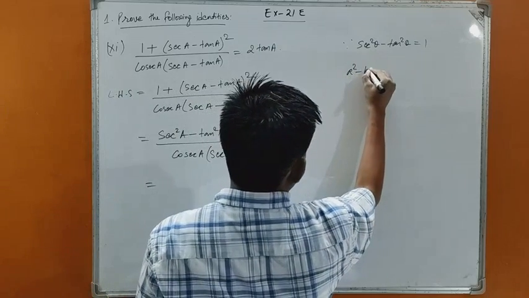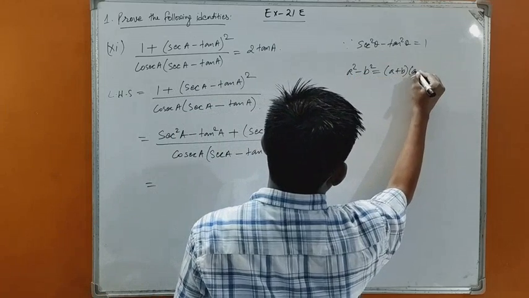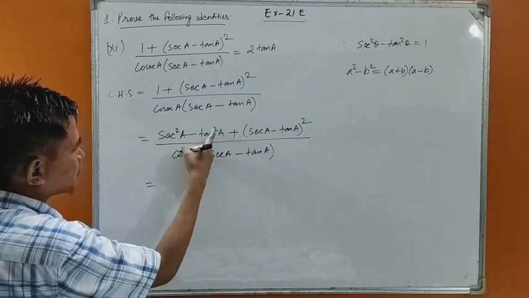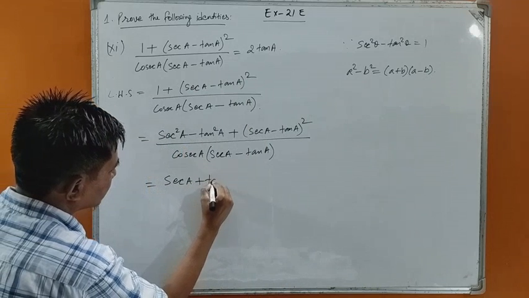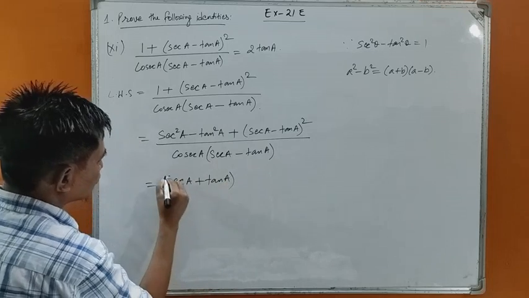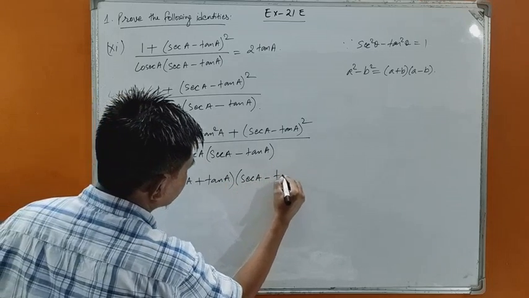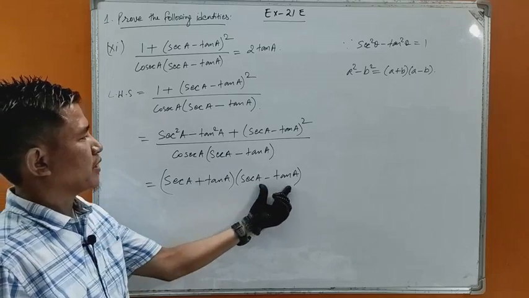A square minus B square equals A plus B into A minus B.